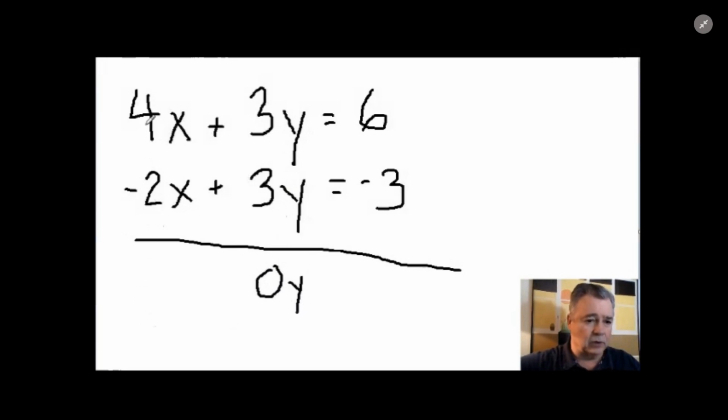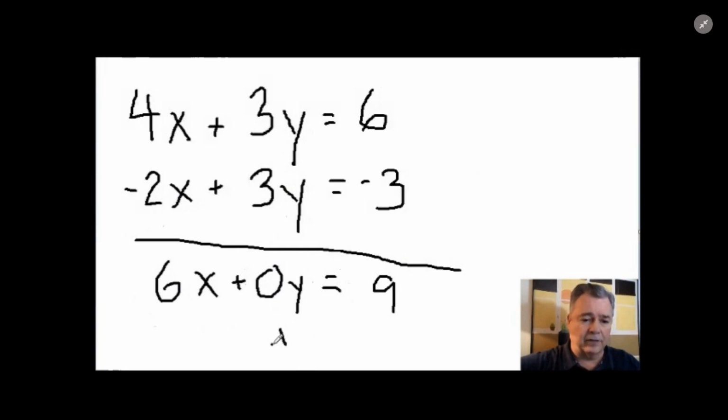And if we subtract minus 2x from 4x, that's going to give us 6x. 6x plus 0 equals 6 minus minus 3, which is 9.